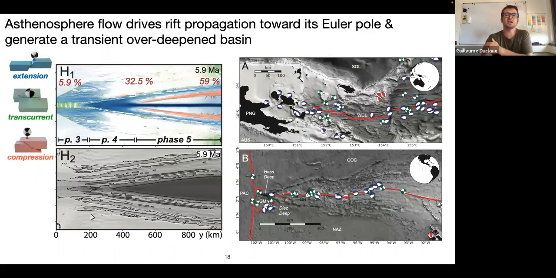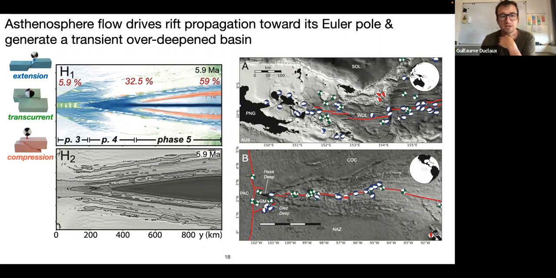Then we compared our model and went back into nature, trying to look at natural examples of V-shaped propagators like that. We took two examples that seem to work quite nicely. Here this is the Woodlark Basin just east of Papua New Guinea, where you've got a small oceanic basin with a rift which is propagating toward Papua New Guinea.